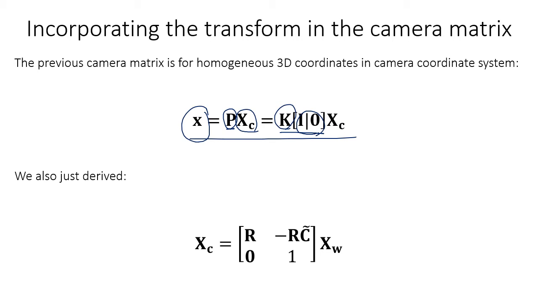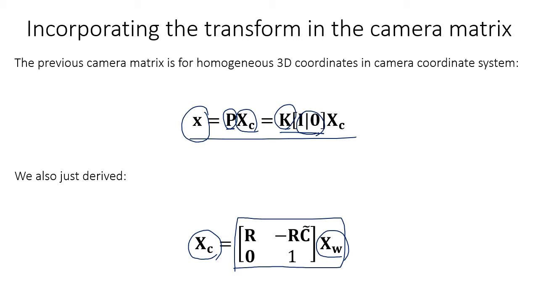Also, in the previous slides, we can show that this 3D point in camera coordinate can be written as this. The world coordinate point is transformed to the camera coordinate point by multiplying this 4x4 matrix.